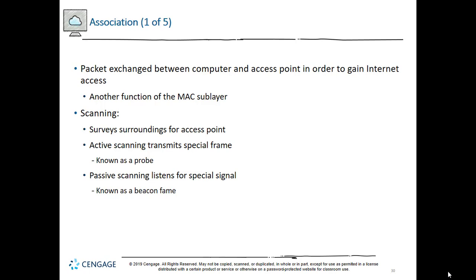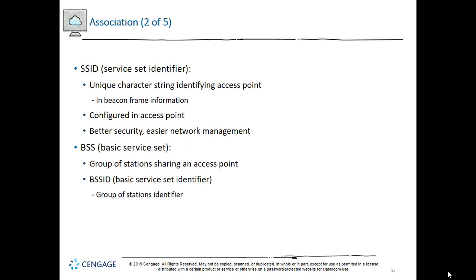So if I want to talk to access point Bob, the SSID would be called Bob, and the AP would say, okay, if you want to talk to me, this is what you have to do, and then it would issue me the appropriate credentials. You have to supply this password, this passphrase, stuff like that.